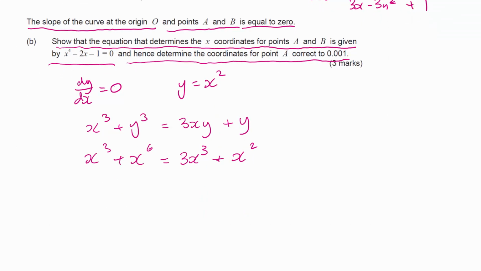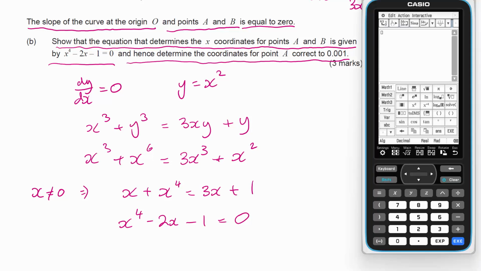Now, if we're looking at A and B, that means that x is not 0. That means we can divide through by x squared, and we get x plus x to the 4 is equal to 3x plus 1. And if we rearrange that, we get x to the 4 minus 2x minus 1 is equal to 0.